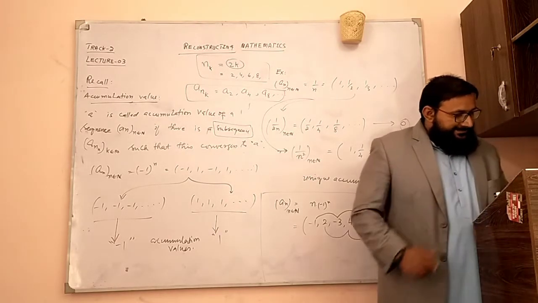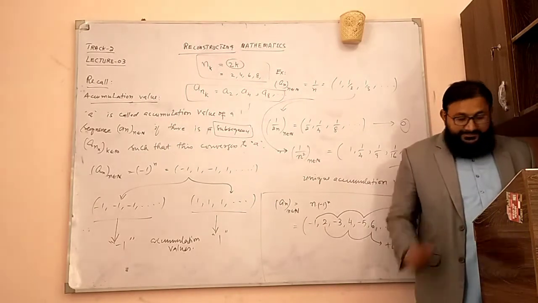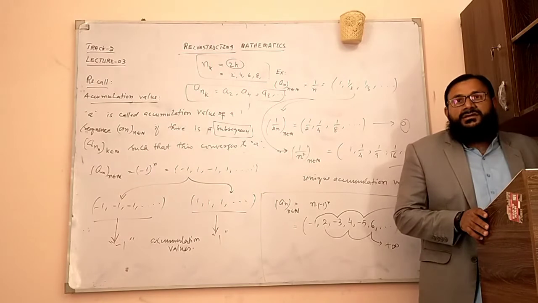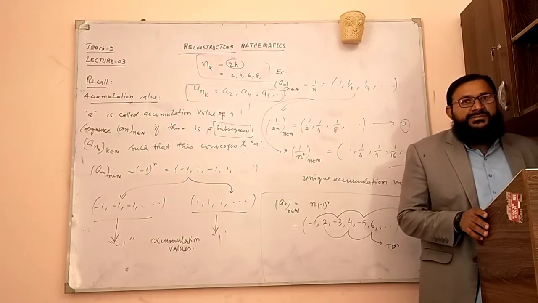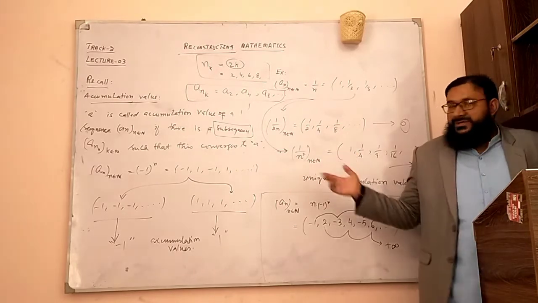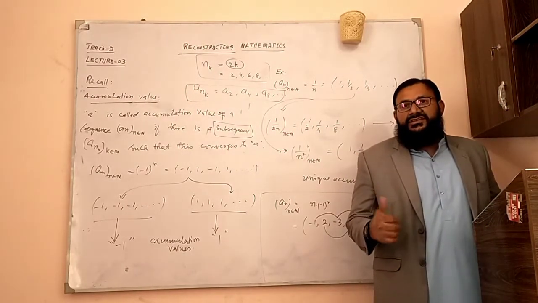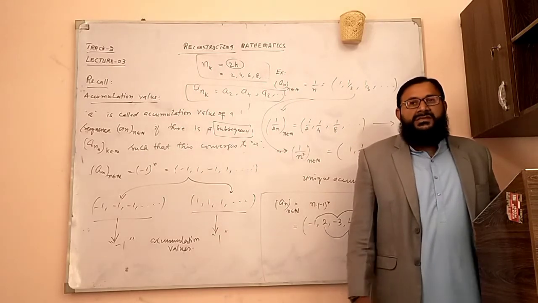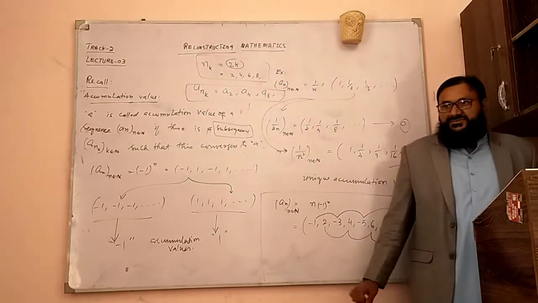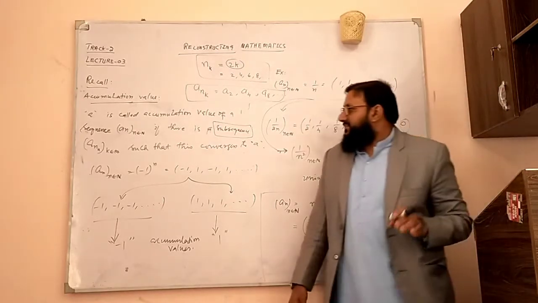Okay, so let us discuss the next idea, what we call limit superior and limit inferior, and this has a relationship with accumulation values. We can define limit superior and limit inferior in some other words as well, but we are going to apply this concept first, that is, how we can define them with the help of accumulation values.